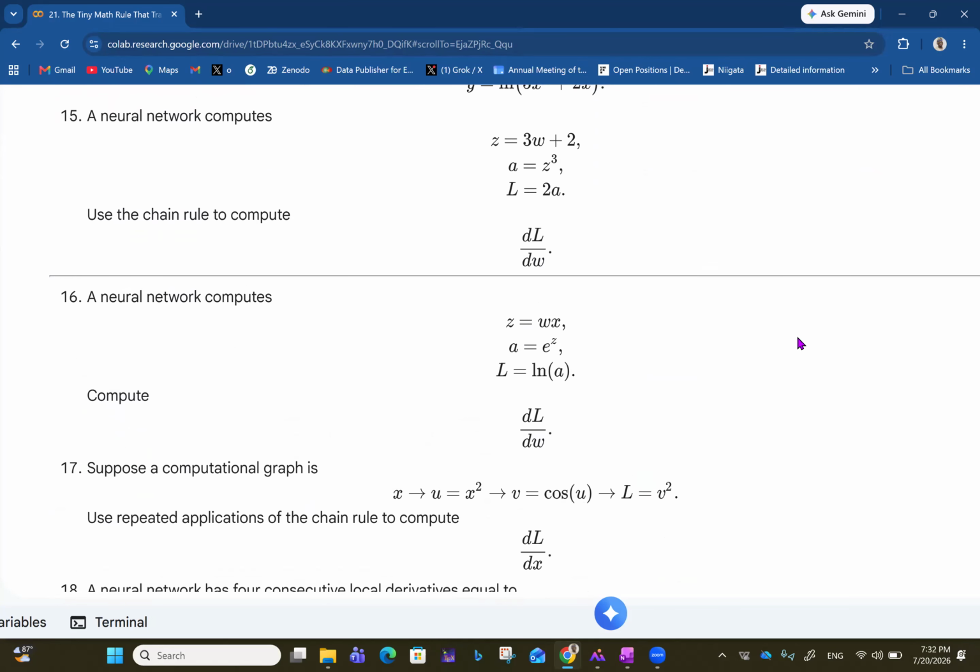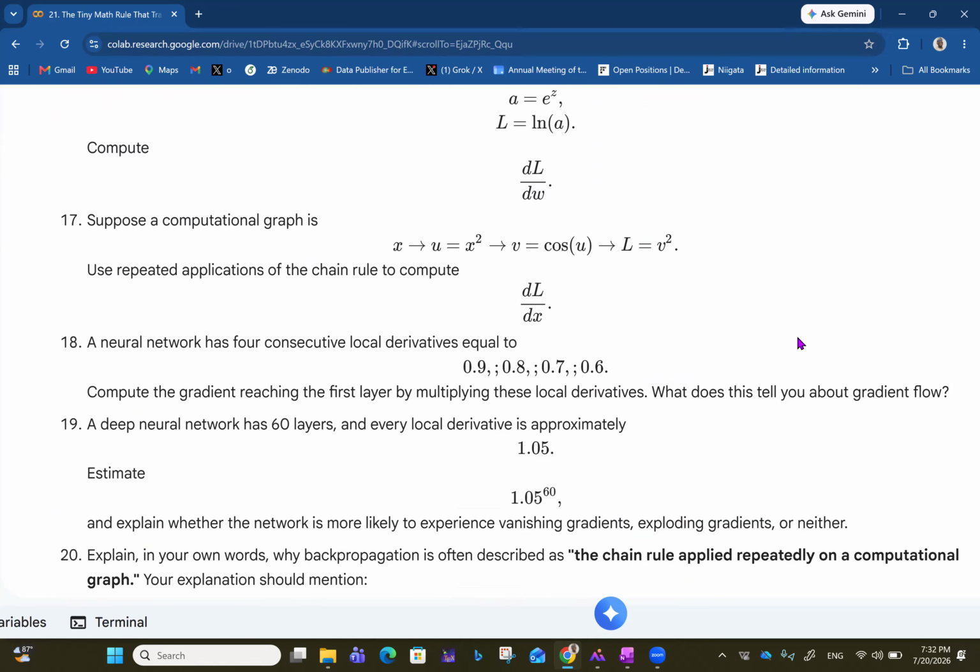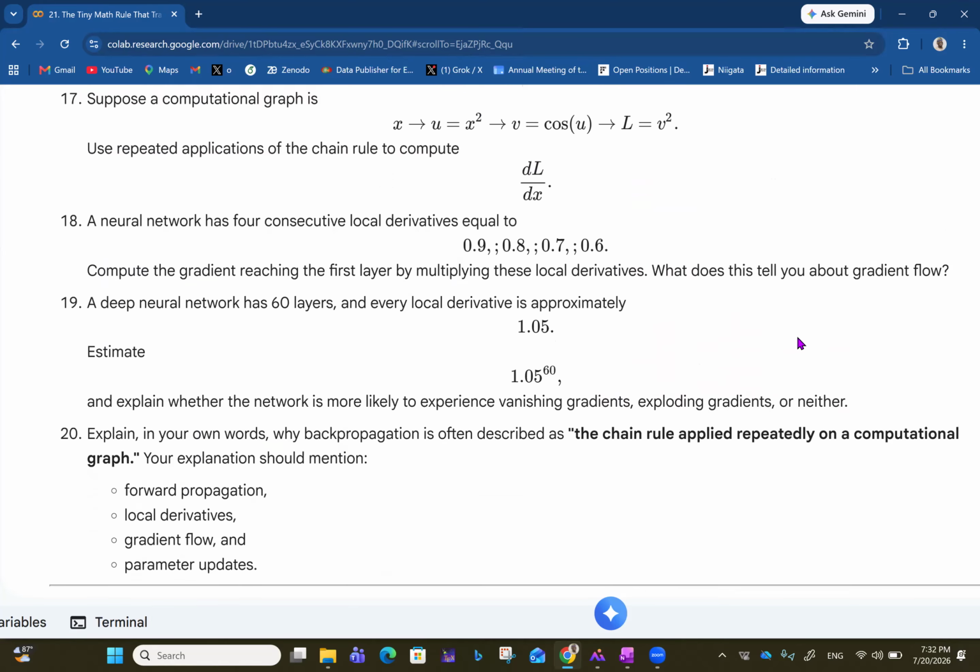I did 15 and 17. So you can see 15, 16, 17, right? And finally, you can see 18 to 20.